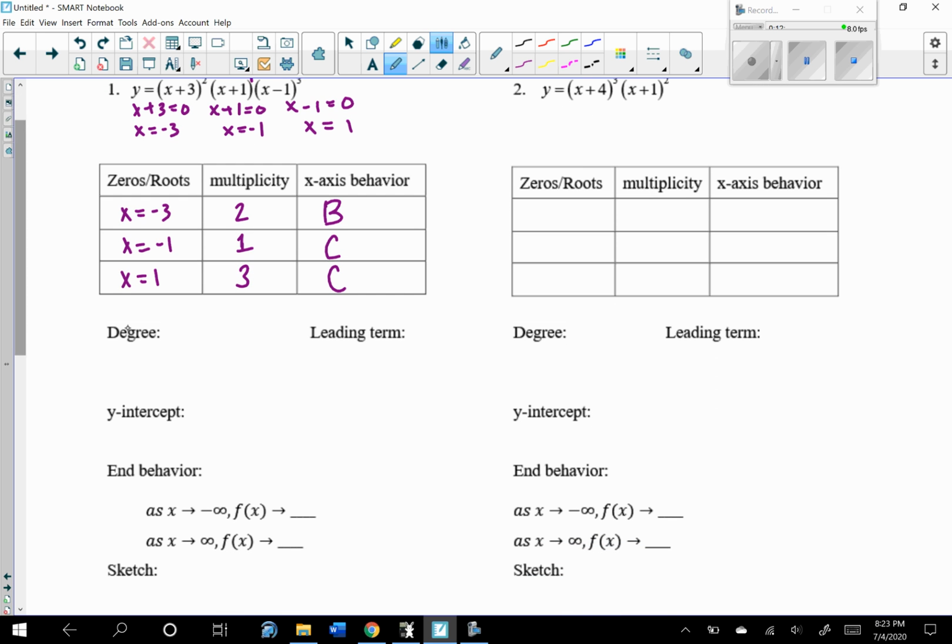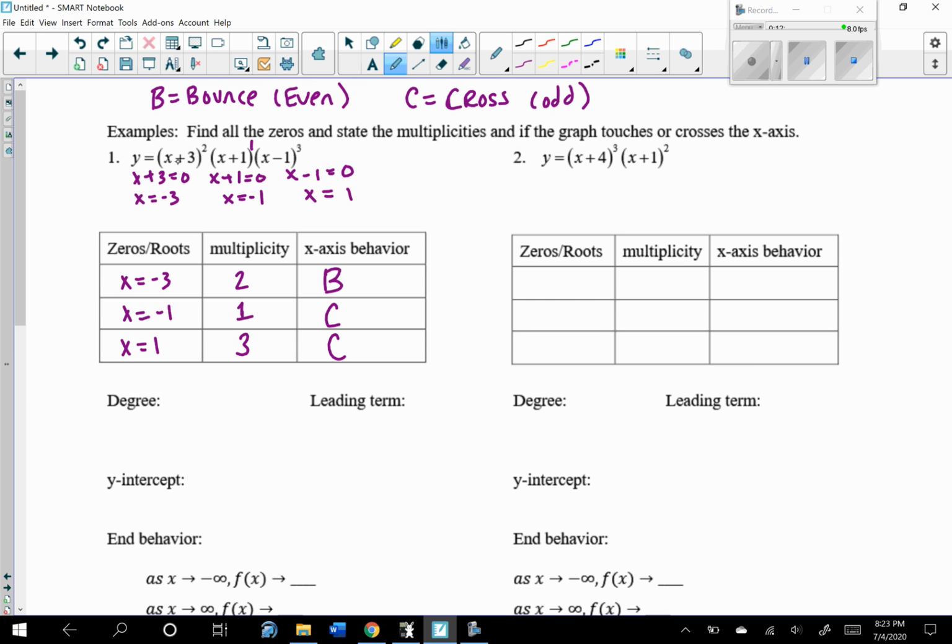Now for this next part, the degree. Remember this is not in standard form. So to find the degree, we said we can add up the multiplicities or the powers. We talked about that the other day. So 2 plus 1 plus 3 is equal to 6. So the degree is 6, which of course is even. And the leading term, it's not asking for the leading coefficient, the leading term.